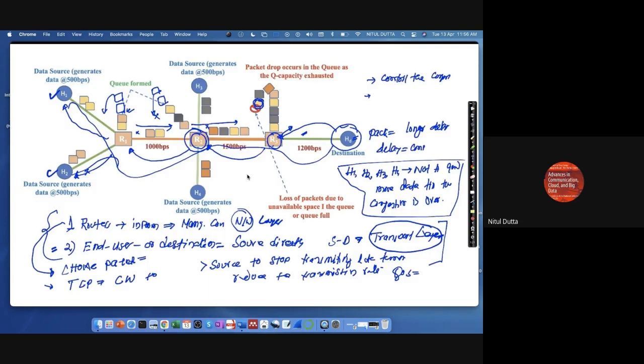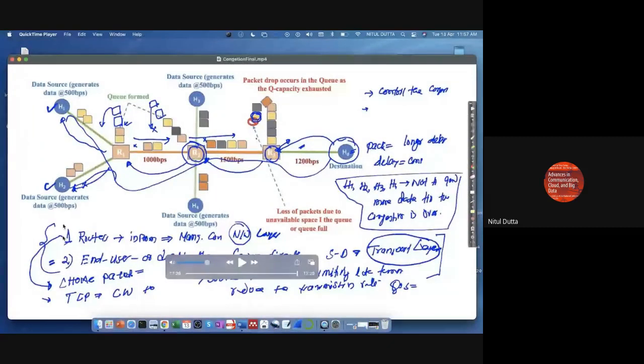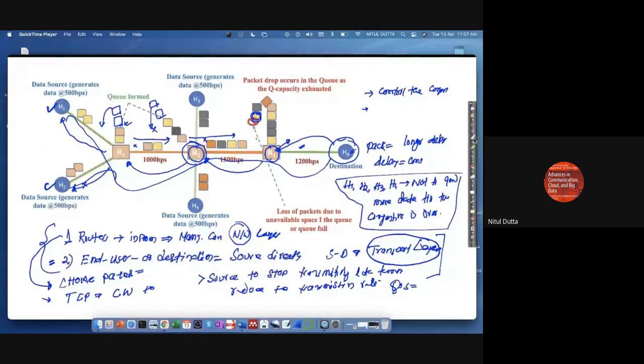Whatever I am telling you is that congestion is controlled in two different layers: the routing layer and the transport layer. But the concept of congestion control in the routing layer is taken up at a very low level, because this function of controlling the congestion is never assigned to the router.